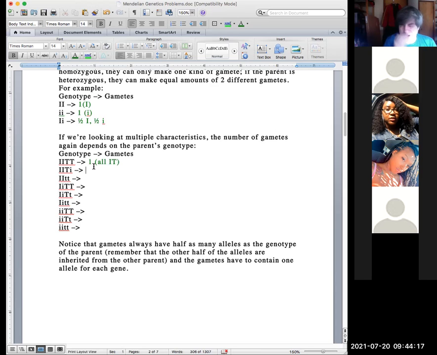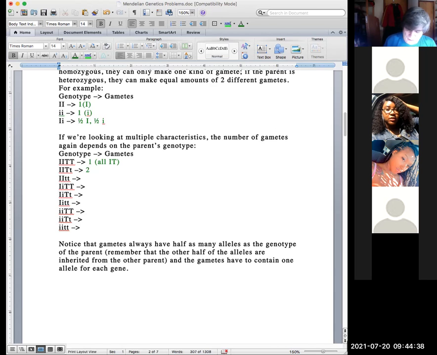Now, what about somebody who's big I, big T, and this should say little t, that's a typo, sorry. What about this person? Well, this person can make two types of gametes.